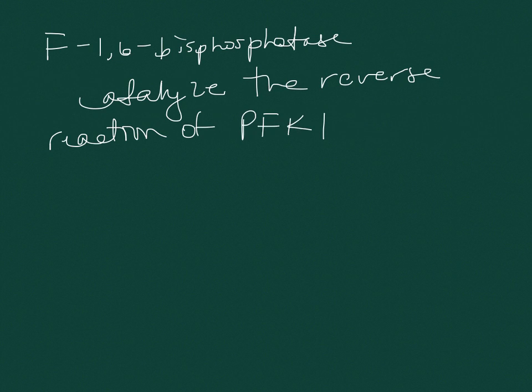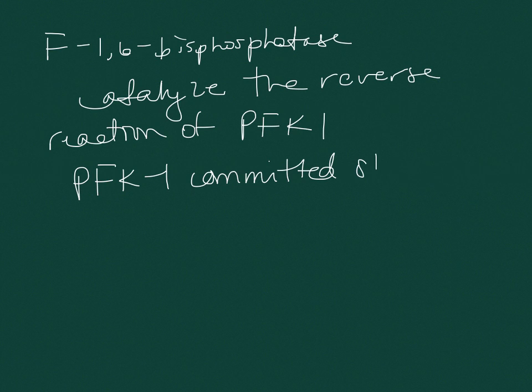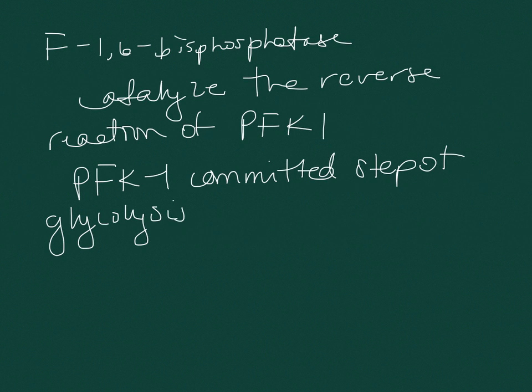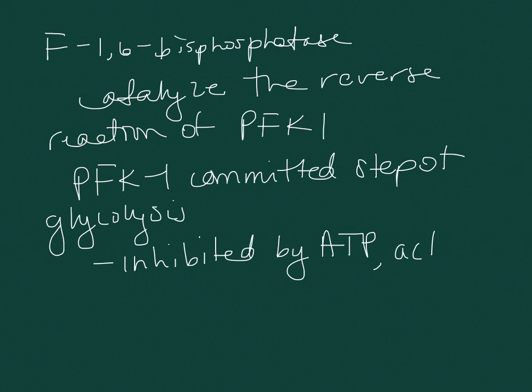And if you remember, PFK1 was the committed step of glycolysis. Okay, PFK1 was inhibited by ATP, activated by AMP in the liver.